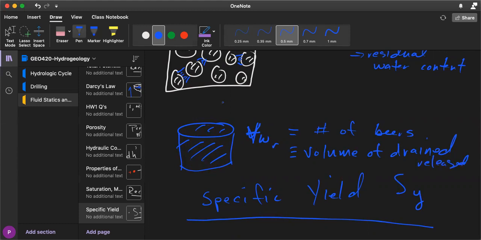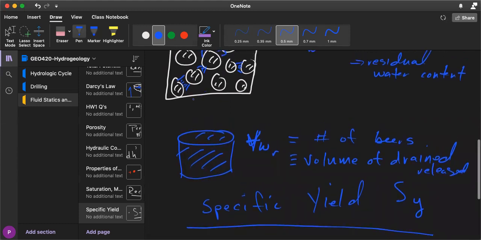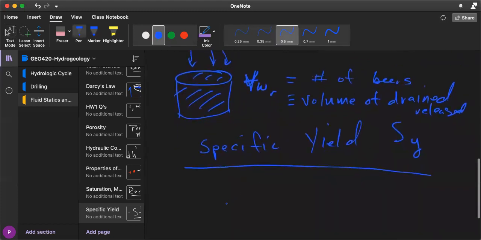This is the volume of water that was able to drain out of this cube, and that's available for us to use. So specific yield is defined as the volume of water that's released under gravity drainage divided by the total volume.